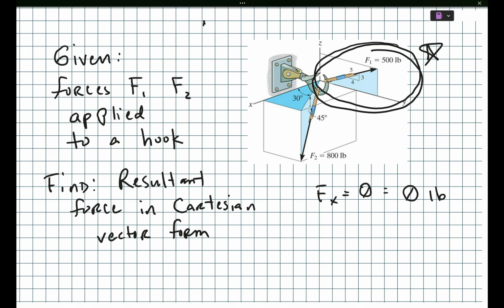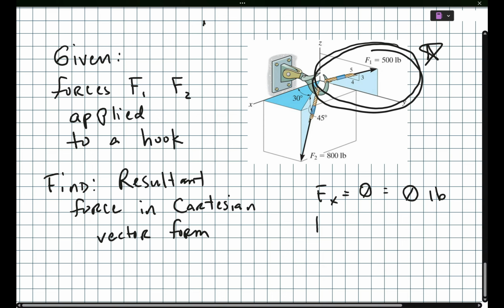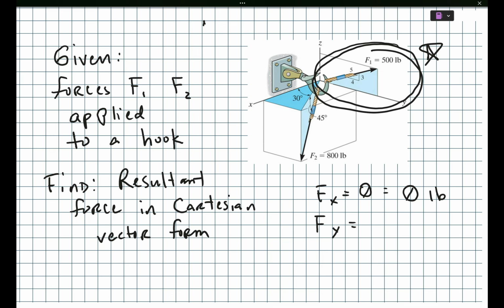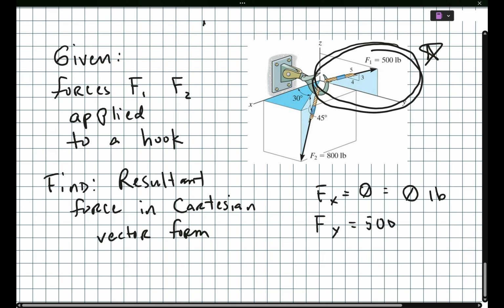And if we take F sub y, which we do have information on here using the 3, 4, 5 triangle that's given, we have 500 multiplied by 4 over 5.